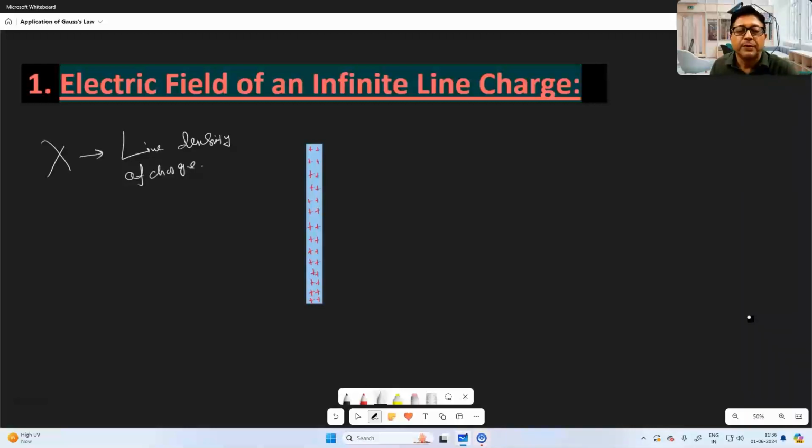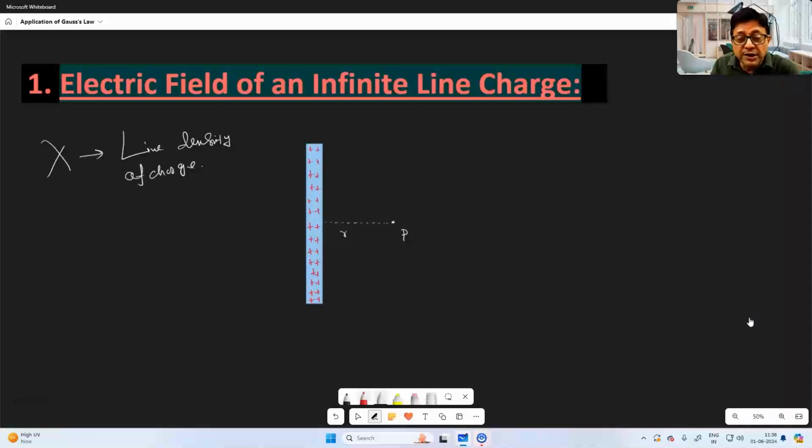We have to find the strength of electric field at some point P, at some distance R away from it.